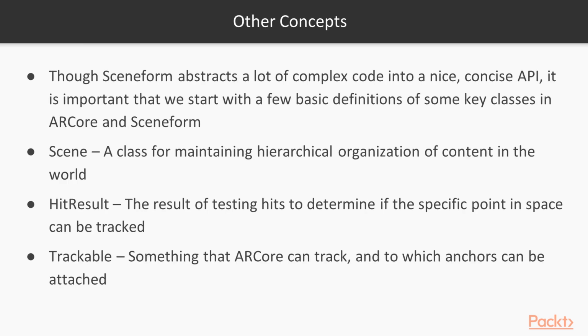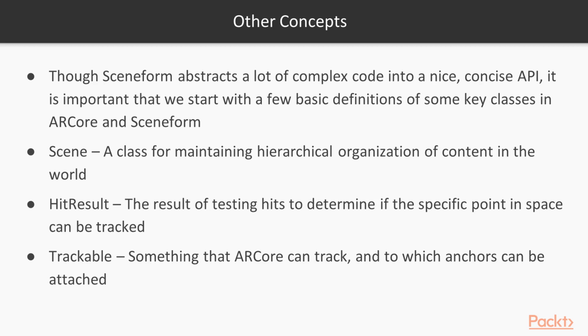Sceneform also abstracts a lot of the complex code into a nice, concise API, and it is important we go over a basic definition of some of these key classes in ARCore and Sceneform. A scene, like we've been mentioning, is a class for maintaining the hierarchical organization of content in the world.